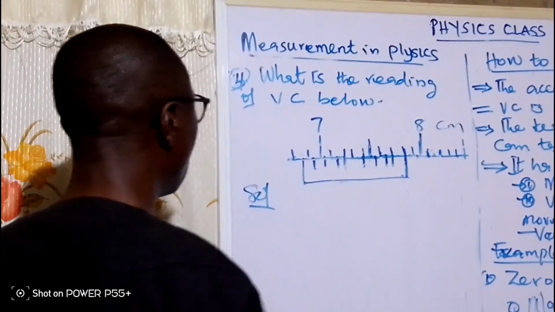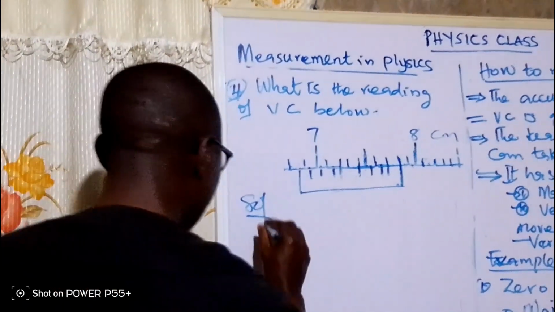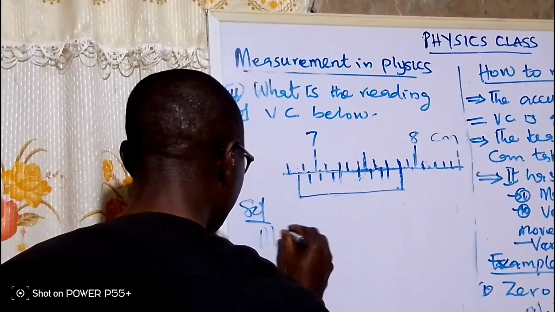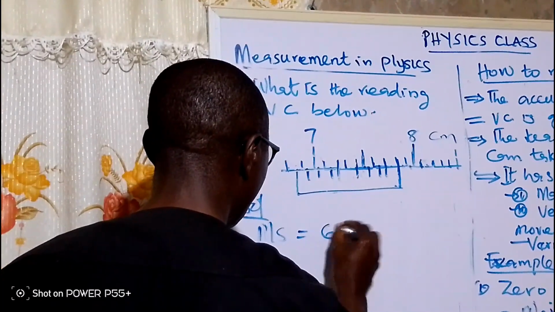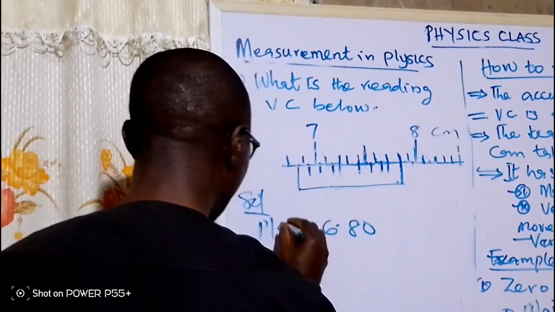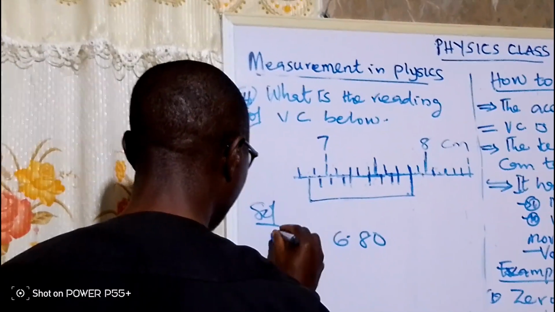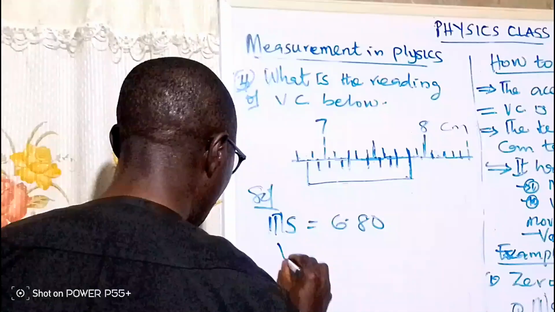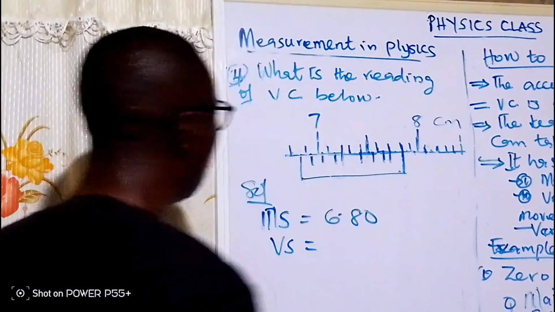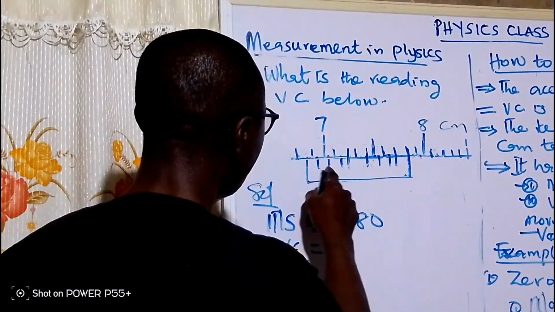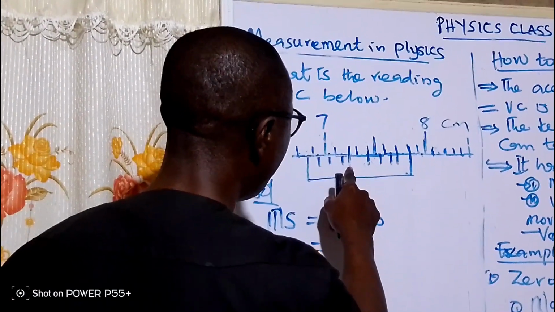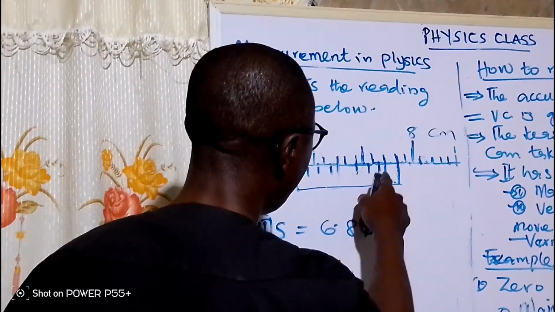So the main scale will be 6.80. For the vernier scale, let's look: 0, 1, 2, 3. We have the first overlapping here, the second one here, another one, but we must pick the first overlapping.